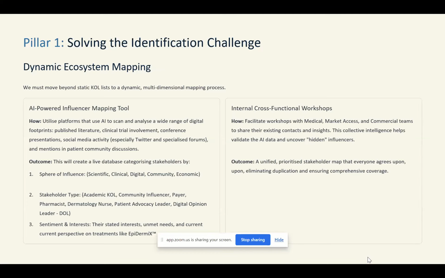The main question was how you will identify all these stakeholders. The most important aspect, before going to the stakeholders, is to map our stakeholders.